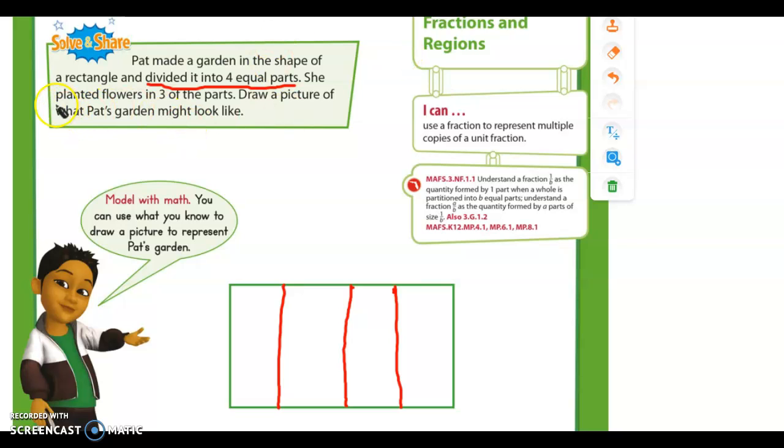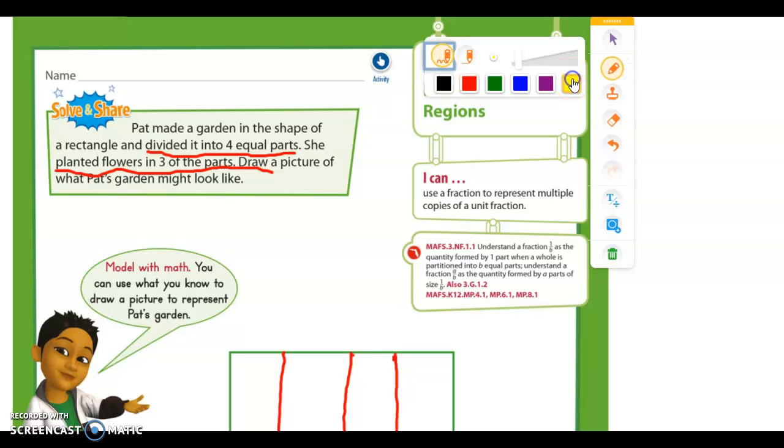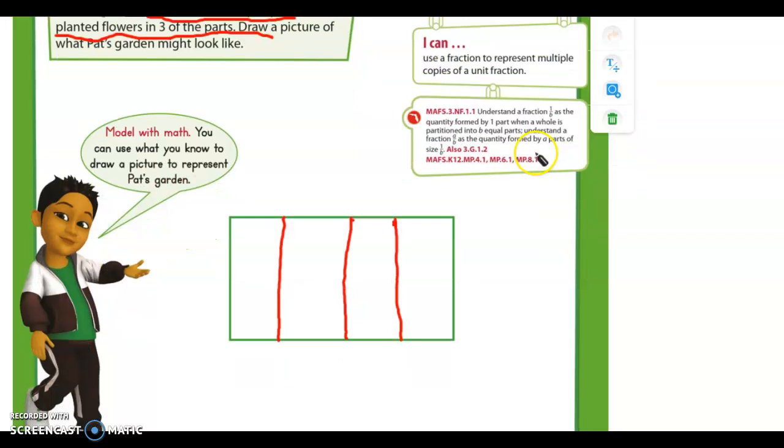It says she planted flowers on 3 of the parts. So what that means is 3 of our parts got planted with flowers. So I want to color in 3 of these parts with a color. So we're going to pretend there's flowers there, and flowers there.